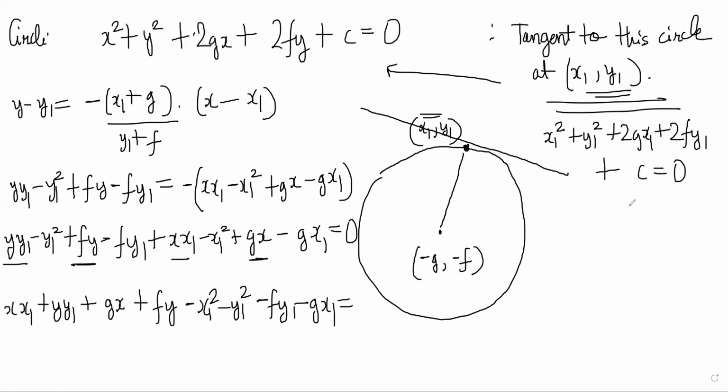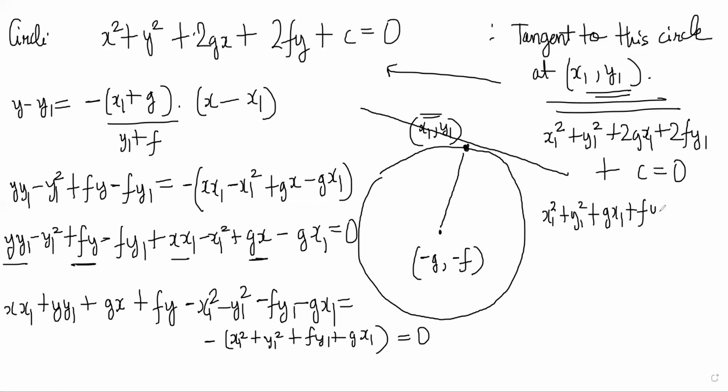Then we can say this is minus x1 square plus y1 square plus fy1 plus gx1 is equal to 0. Now we can say that x1 square plus y1 square plus gx1 plus fy1 is equal to minus gx1 minus fy1 minus c, right?